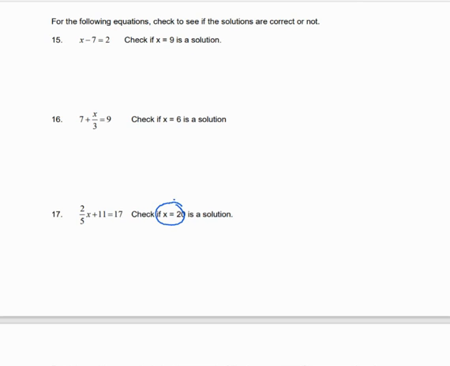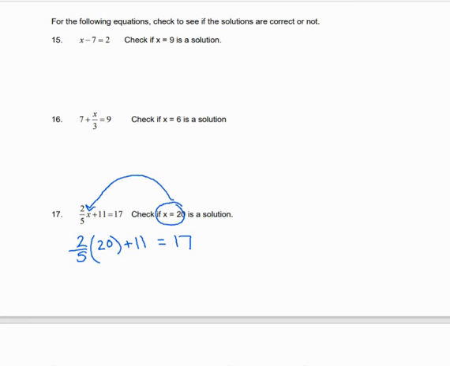Exactly. So we're going to take that 20 and plug it in for x. So it'll say 2/5 times 20 plus 11 equals 17. Now we need to simplify that left-hand side to see, do we actually get 17? So what should I do with this 20?